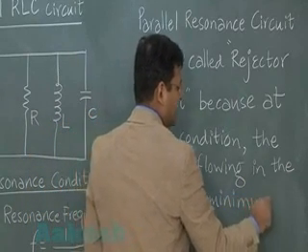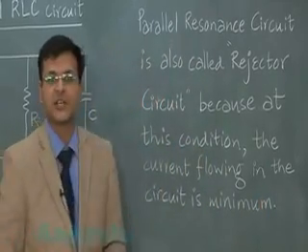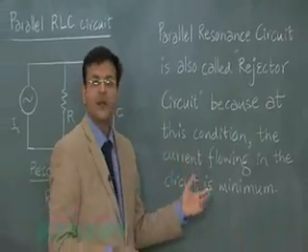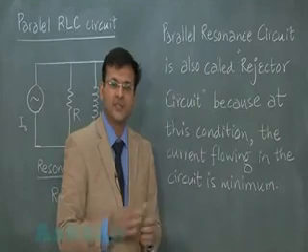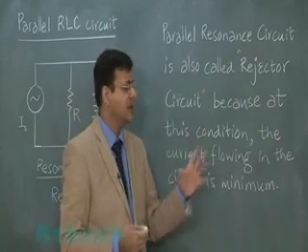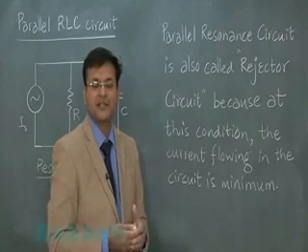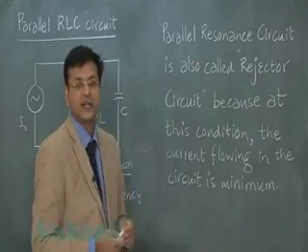This is exactly opposite to what you had for the series resonance circuit. In the series resonance circuit you have seen that at the resonance frequency the current flowing into the circuit is maximum, or rather you can say that particular frequency was accepted by the circuit. But here at that frequency the current flowing is minimum, or you can say that frequency is rejected by the circuit, and hence it is called a rejector circuit.